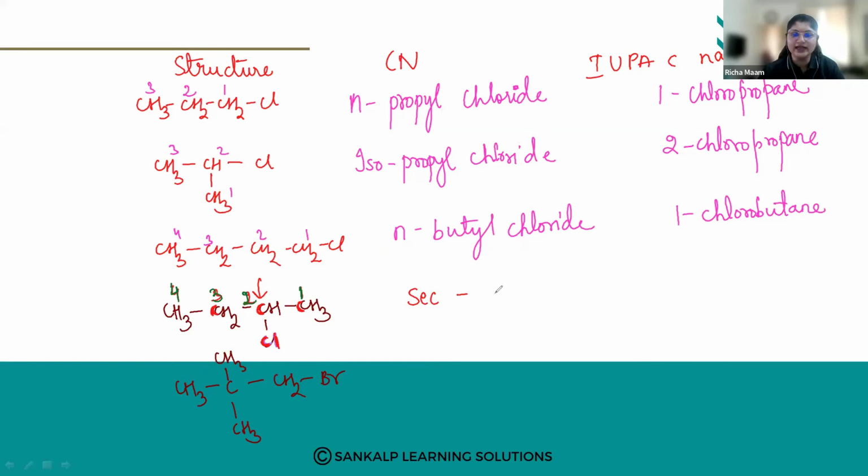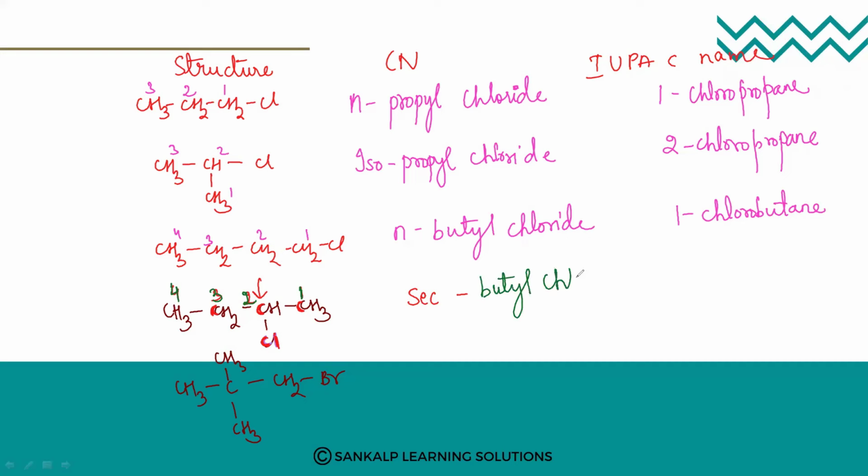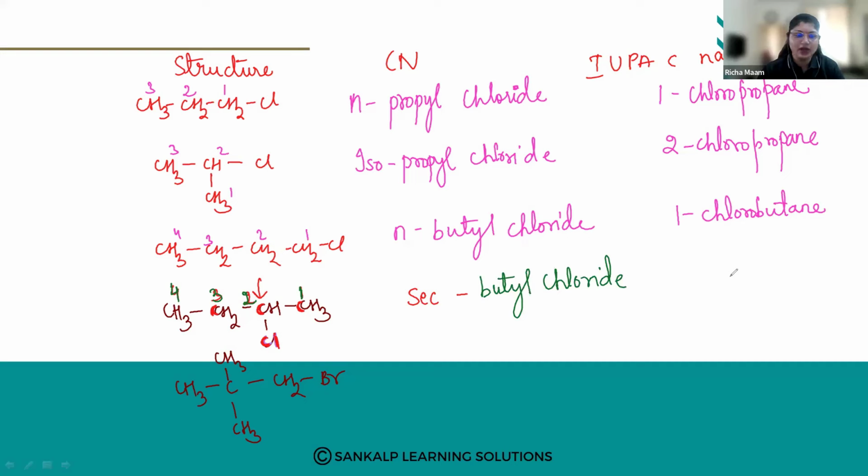So 2. Now what will it be? Secondary butyl chloride. Yes. Can you tell me the IUPAC name? 2-butyl chloride? No, wrong. 2-chlorobutane. Yes, correct. Okay, next.